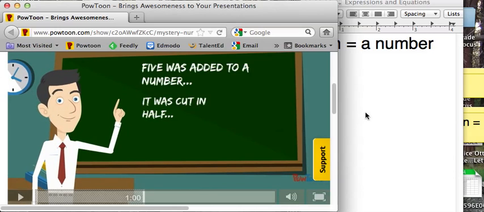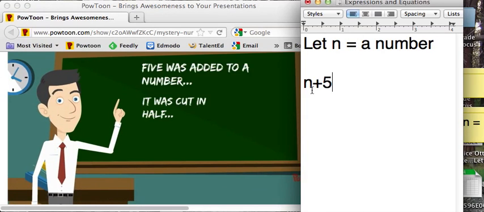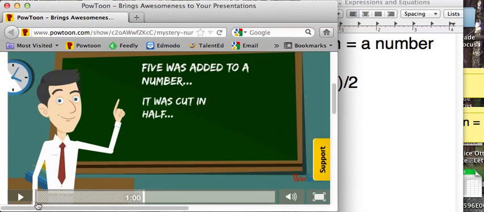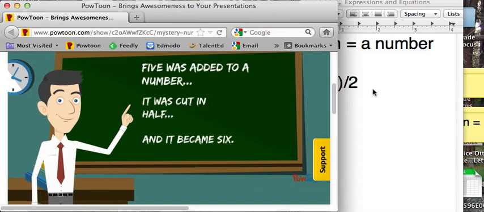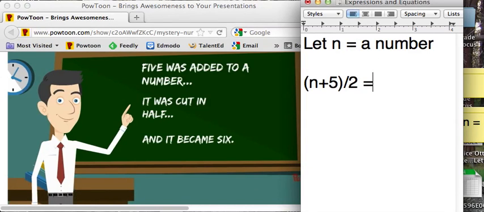It was cut in half, so this time we have to put parentheses and divide it by 2. It became 6. So that equals 6.